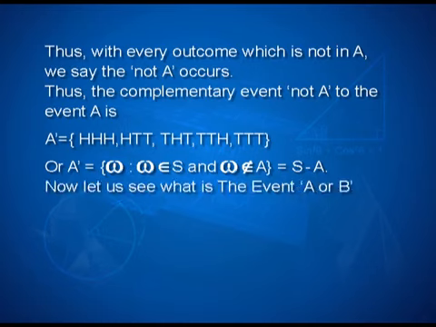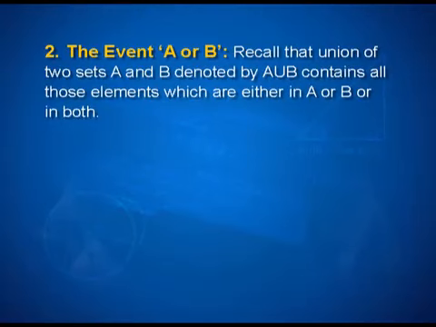Now, let us see the event A or B. Recall that the union of two sets A and B, denoted by A union B, contains all those elements which are either in A or in B or in both.